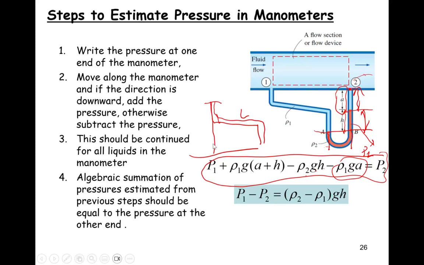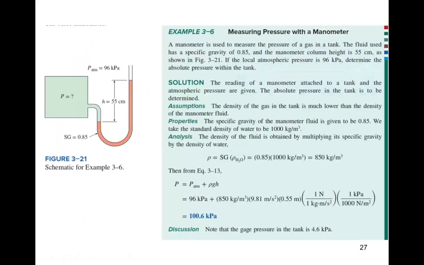If we're going down, we add the pressure due to the column of fluid. If we're going up, we deduct. And once we reach the other end, we equalize the pressure to the other end. All of this is explained in this text. You can read it on your own time, but the simplified form is what I explained.